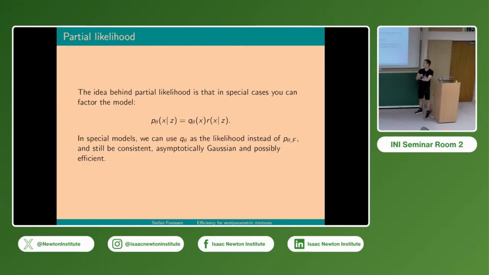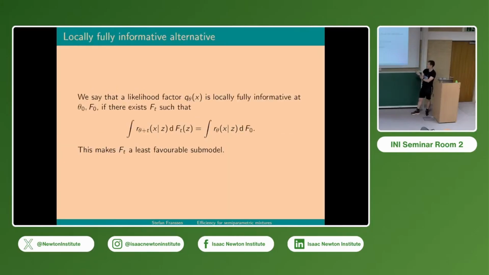If you look in the paper by Bruce Lindsay, there are a bunch of examples, and in particular, the errors in variable model and the exponential frailty model are examples where you can write down consistent, asymptotically Gaussian, but not efficient estimators. And it turns out that you can't actually write an efficient version of this. The least favorable submodel is not of this shape. Any other questions?